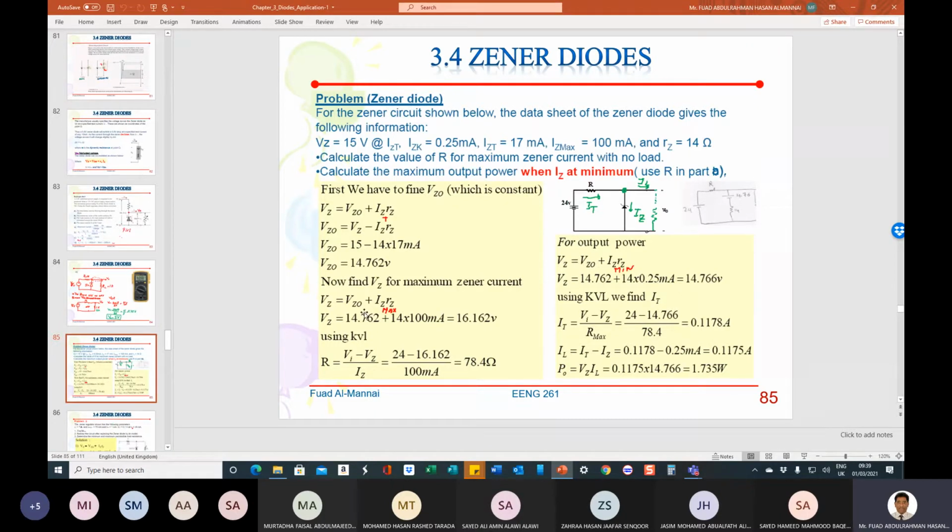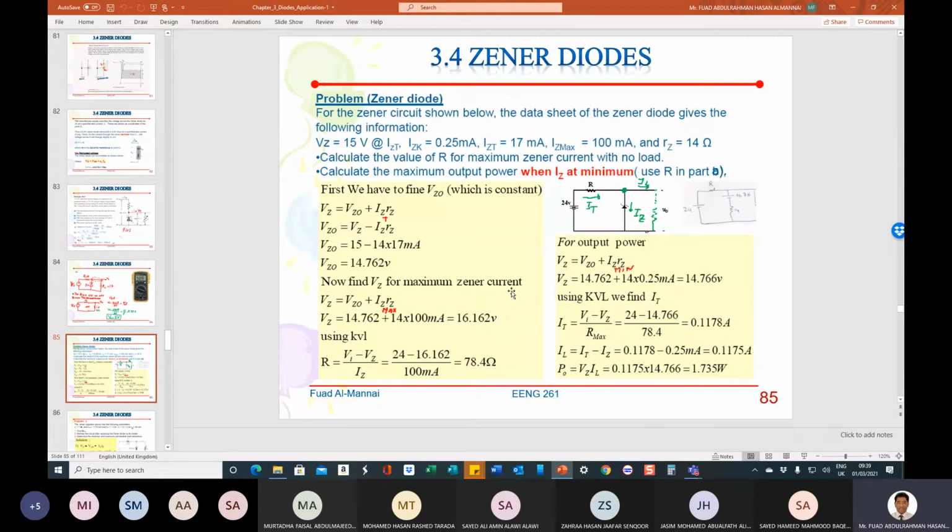Calculate VZ using VZ is equal to VZO plus IZ, in this case max, because he wants us to calculate the max value of R. So substitute IZ equal to 100 milliamp, and you will find that VZ is equal to 16.162 volt. Everybody get that? All right.